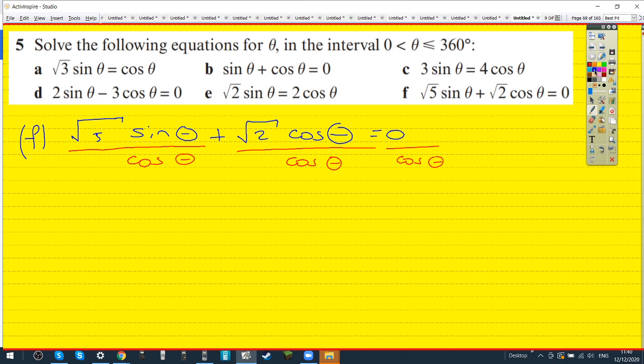Okay. So then you'd get square root 5 tan theta plus square root 2 equals 0 over cos. What is 0 divided by cos theta? 0. Yep.